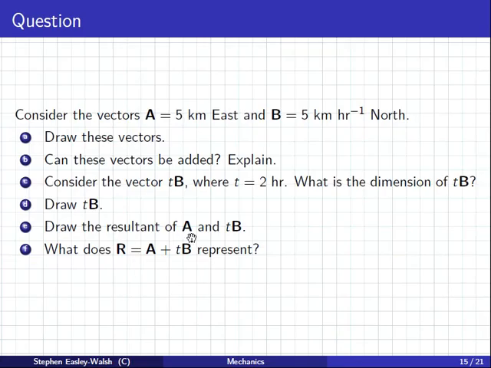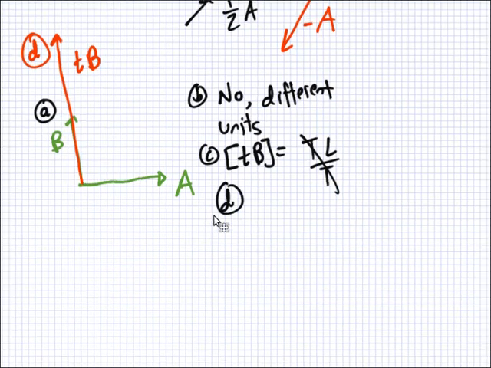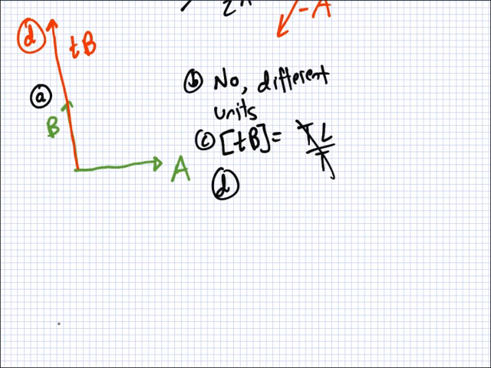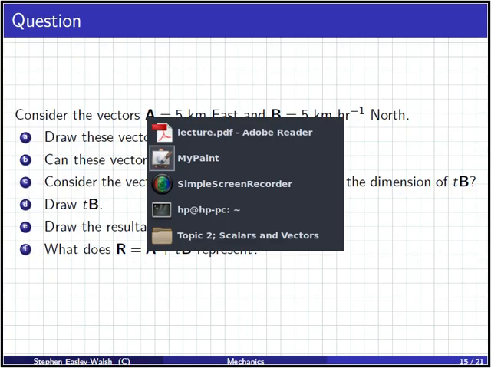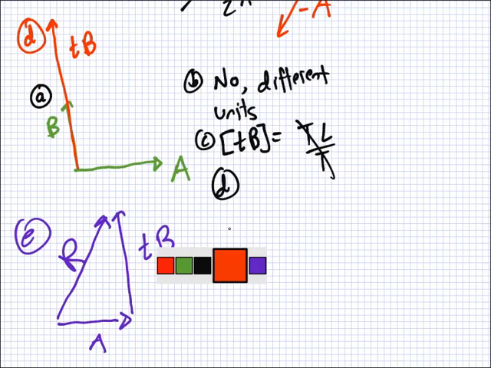Draw the result of A and TB. Do you remember we used the triangle? Here's A, and then we put TB here, and then this is the resultant. That's E. And finally, F.